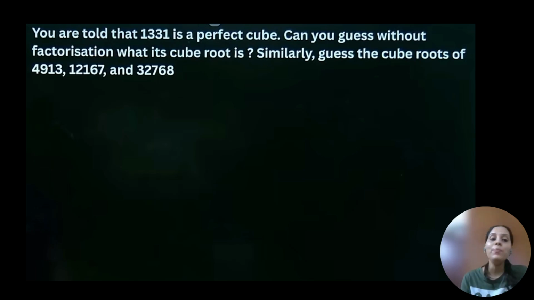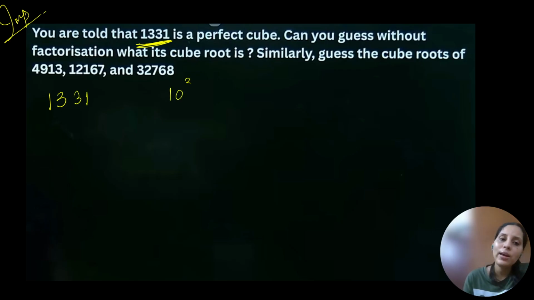Next, this is one important question and it is very, very easy. You are told that 1331 is a perfect cube. Can you guess, without prime factorization, what its cube root is? Now let's see this, 1331.